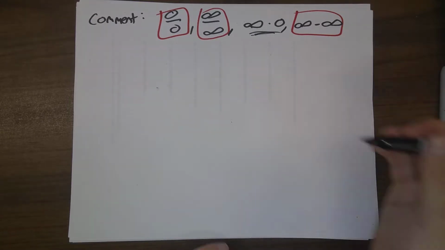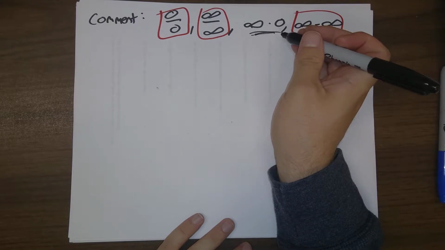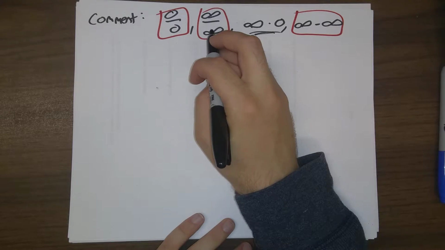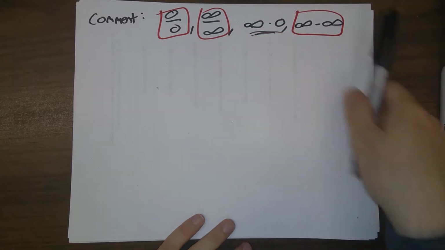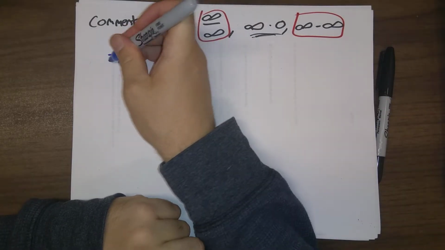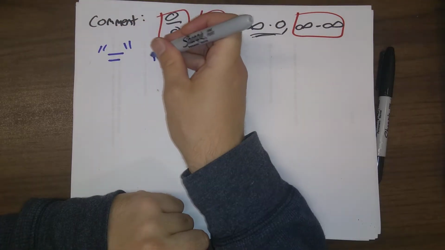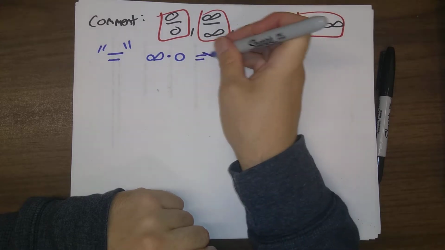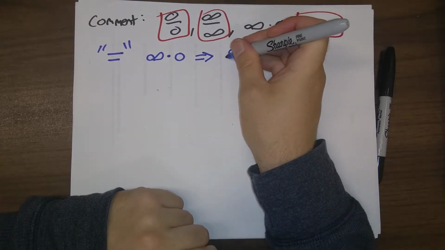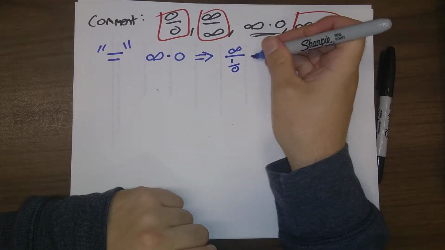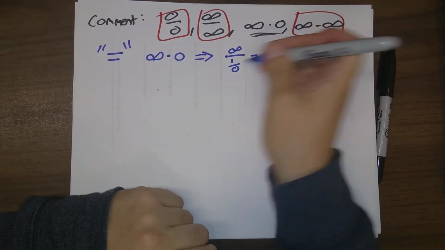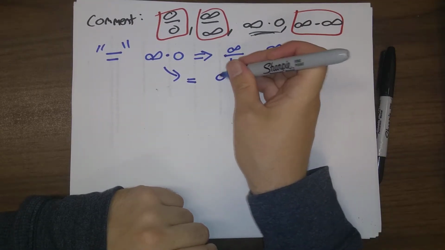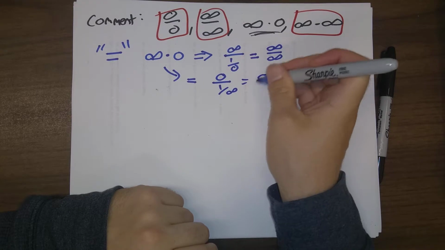It's that anything that is infinity times 0, you could probably manipulate as 0 over 0 or infinity over infinity. So let me just put all of this here in big quotes when I do this equals: if we had infinity times 0, we could rewrite that as an infinity times 1 over 0, which is infinity over infinity, or we could rewrite this as 0 times 1 over infinity, which is like a 0 over 0 form.